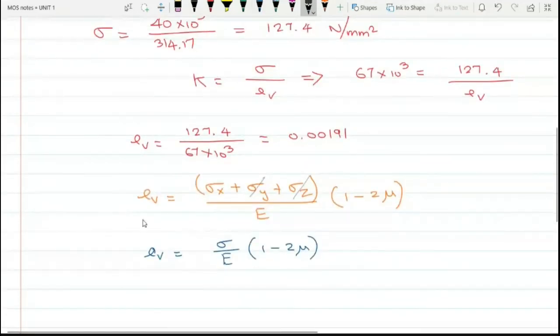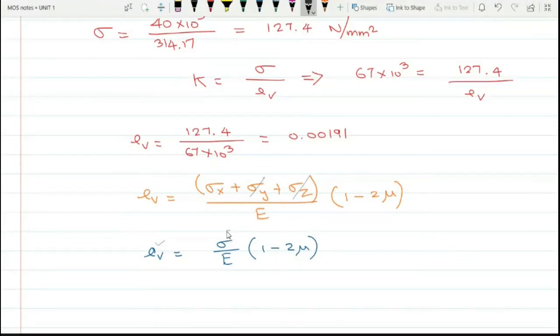EV is identified. We know sigma x, so sigma is also identified. E is not given. Mu is also not given. So I have to convert everything in terms of some other values so that I can easily identify it as a single data.